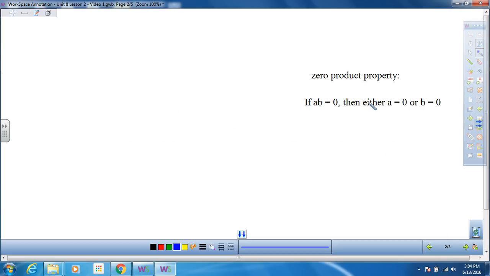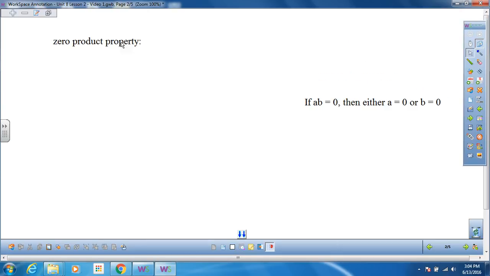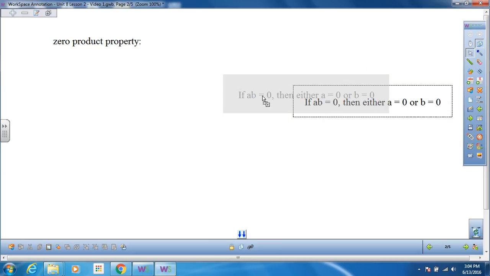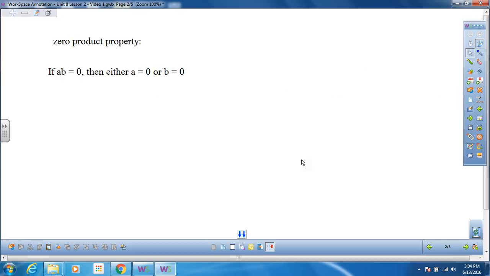So the zero product property says that if A times B equals 0, then either A or B must equal 0.